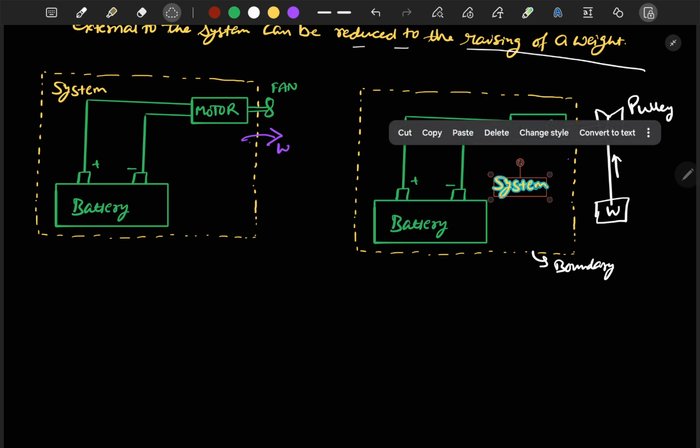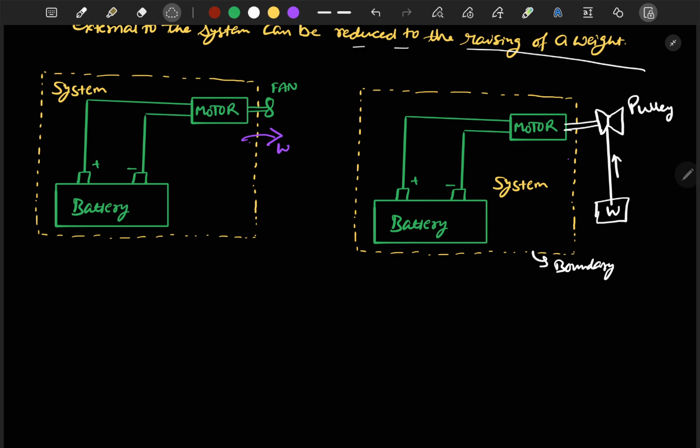This yellow thing is the boundary, and everything outside the system is surrounding. So here we can indicate that work is done by the system on the surrounding, that is, our weight is raised.